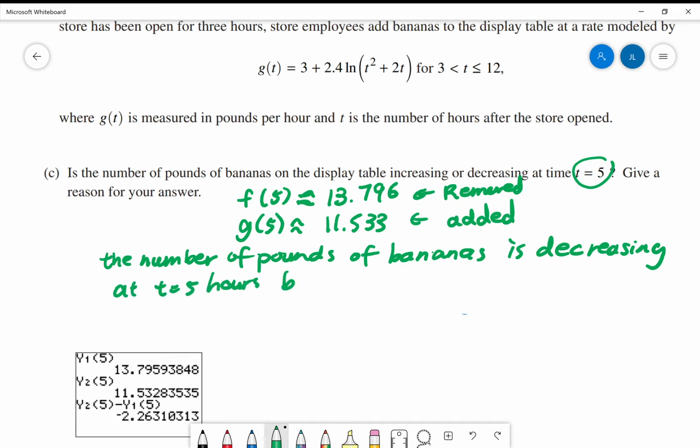And the reasoning is simple, because the removal rate, f of 5, is greater than the rate at which they're being added. Another way to write this would be, when you subtract f of 5, the rate at which bananas are being removed, from the rate at which bananas are being added, if that gives you a negative number, this is also an indication that the number of bananas on the shelf is decreasing.